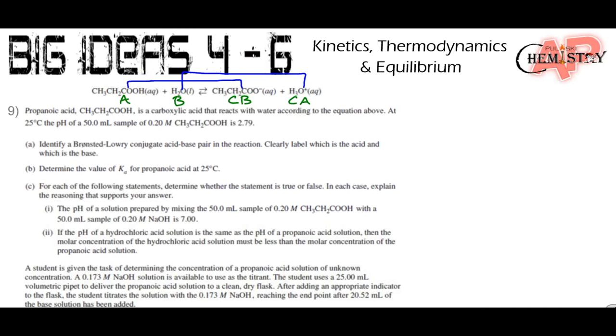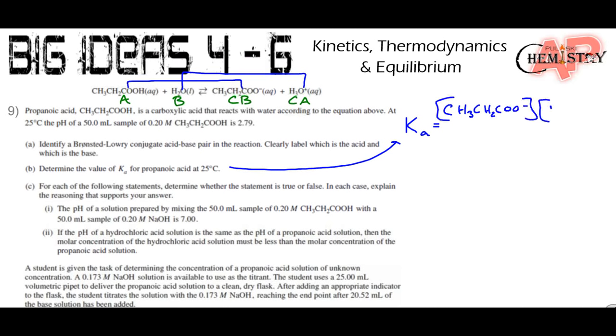Letter B, determine the value of Ka for the propanoic acid. And that's all it says. So if you can solve for Ka, that means you must know enough other information. So first, let's break this down because it doesn't feel like you have enough information in the beginning. So what we need to do is understand what we're given here.